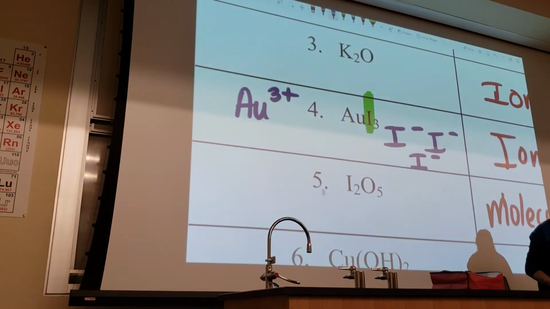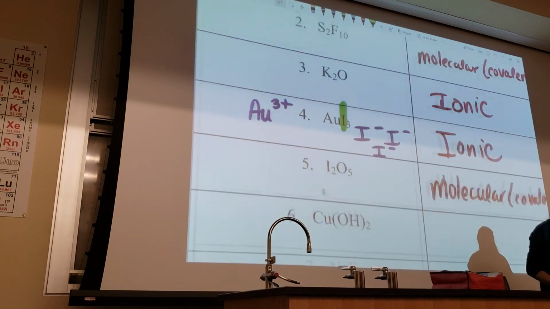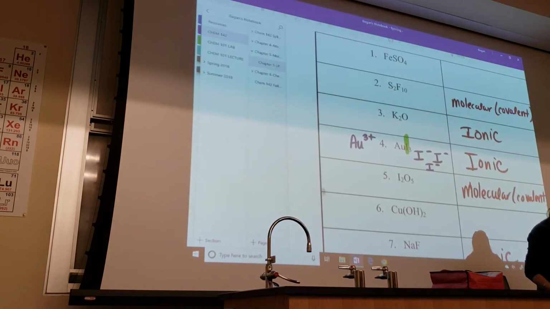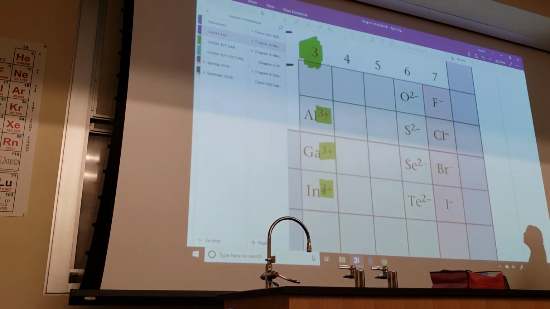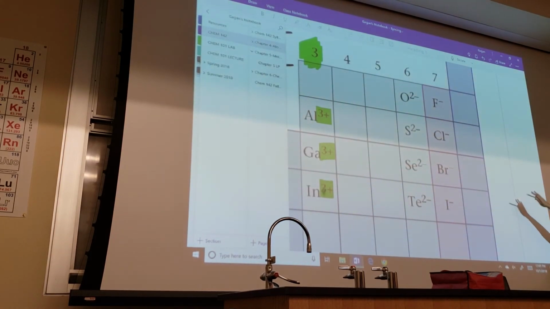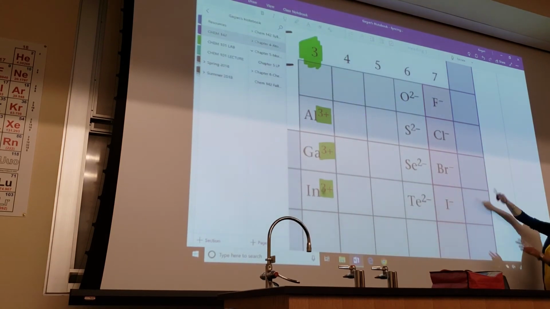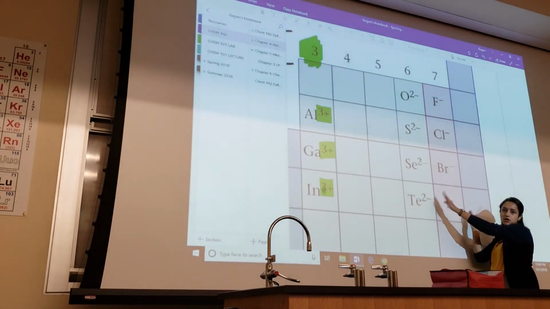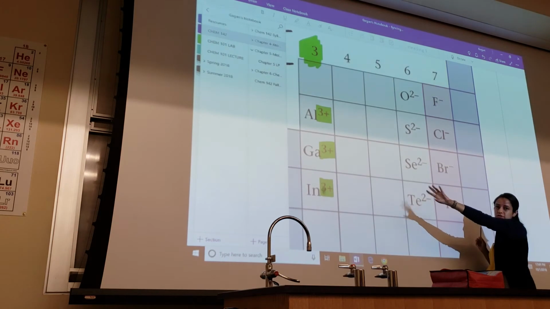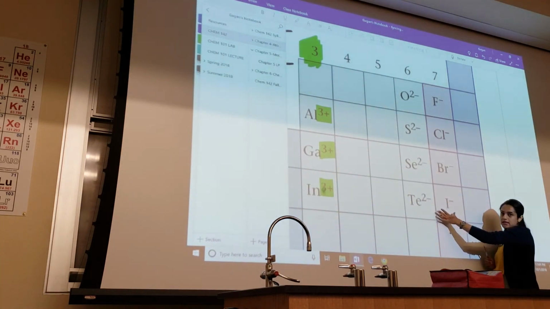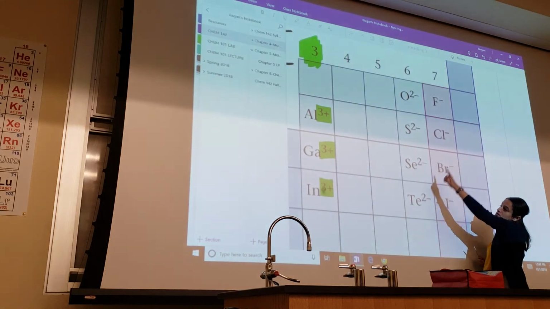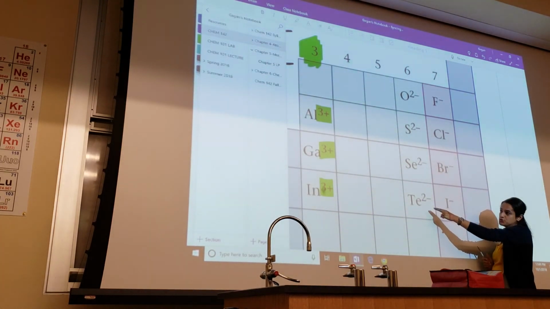How did you know that iodine holds a -1? If you look at the non-metals, the last two rows, except group 8, these always behave the same. They behave similar to the metals, but instead of losing electrons, they like to gain. Group 6 always wants to gain 2.